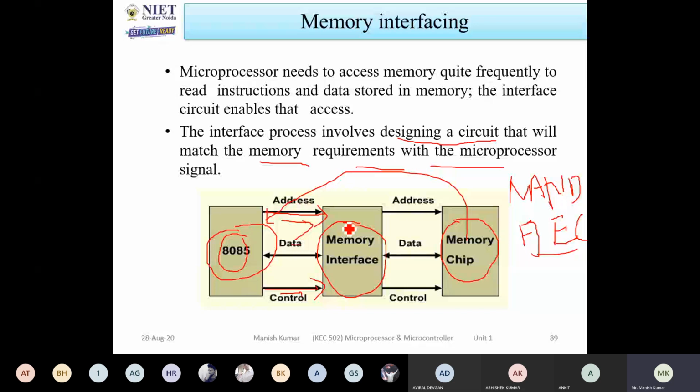With the help of logic devices you can interface any memory chip with the processor. Now 8085 has a 16-bit address, so according to that we will see how we can interface it. But before interfacing you have to know how to find the address lines in the memory, how to find the memory locations in the memory. Let us consider you have an 8 GB pen drive. How many locations does an 8 GB pen drive have?